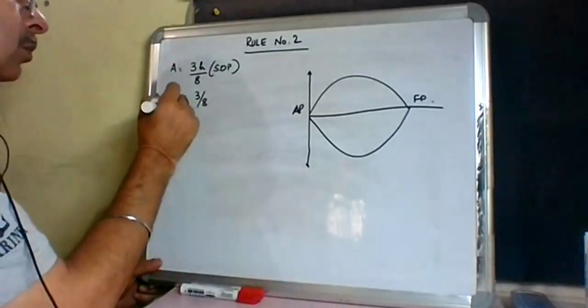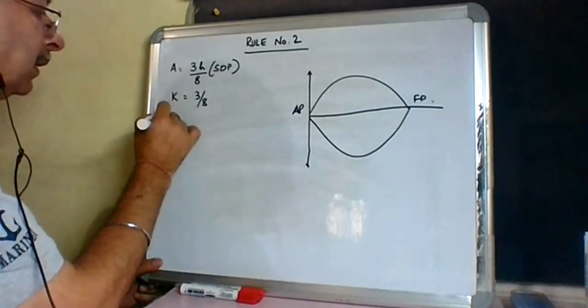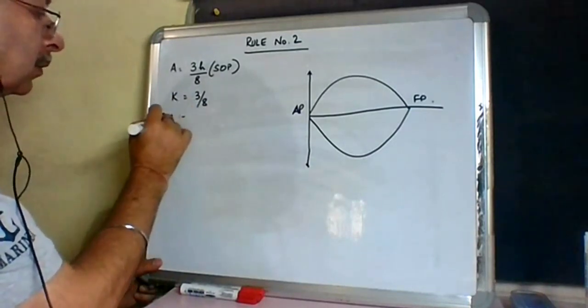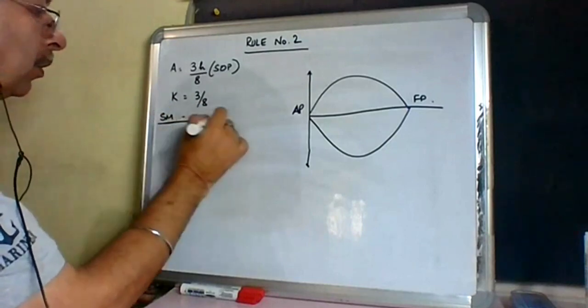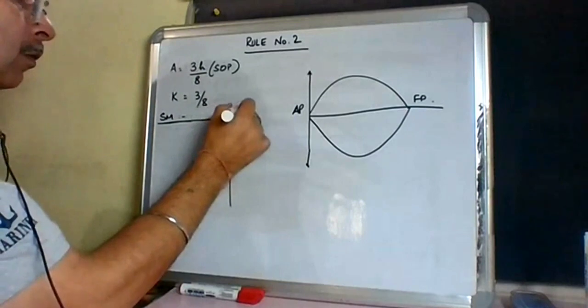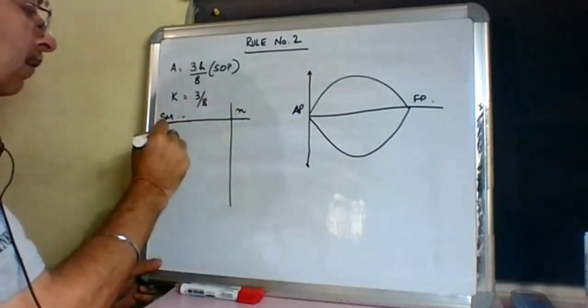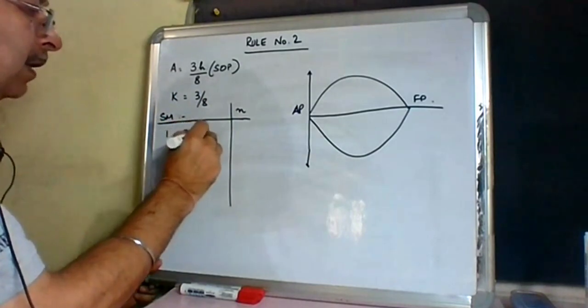So, the Simpson's multipliers for rule 2 are starting with 1331.